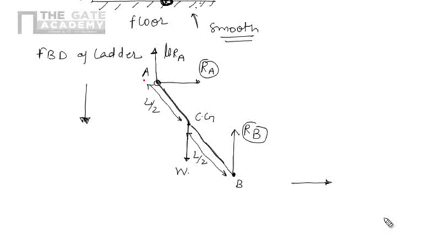The frictional force is due to the roughness of the surface, which acts in the opposite direction of the motion, because point A will move in that direction, so obviously the frictional force will act in that direction. At point B, we are not drawing any frictional force because point B is in contact with the smooth surface. So this is the pure representation of the free body diagram method.